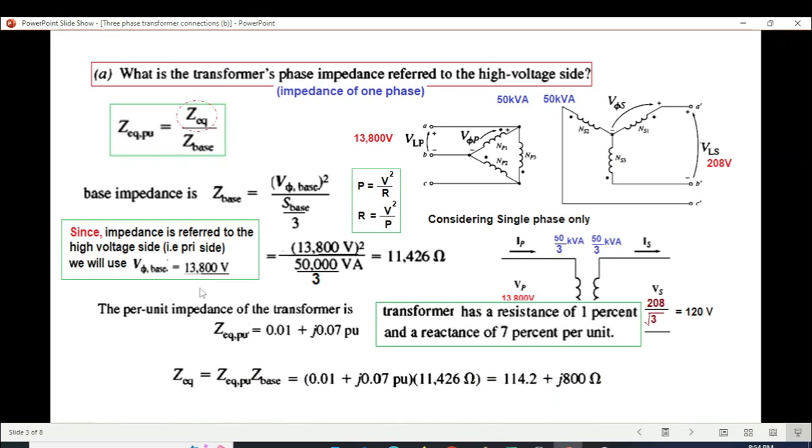And now Z equivalent from here will be the multiplication of the two. So multiplying these two terms, this and Z base. So this is our Z equivalent. The first part is done.